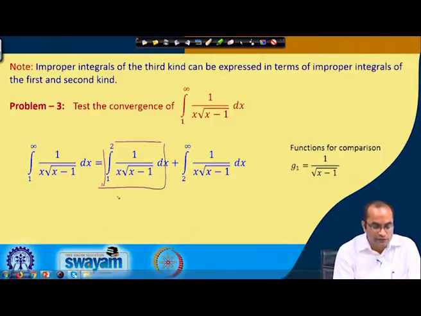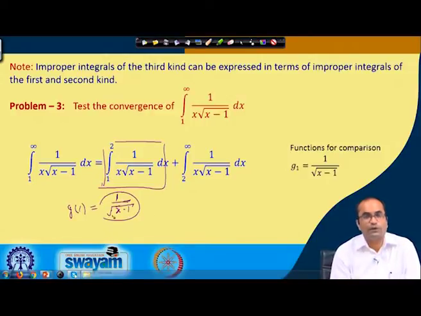So, this factor 1 over square root x minus 1 is creating this unboundedness as x approaches 1. So, we will compare with the function g(x), which we have taken as 1 over square root x minus 1.